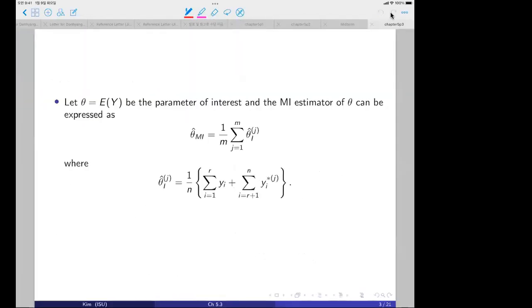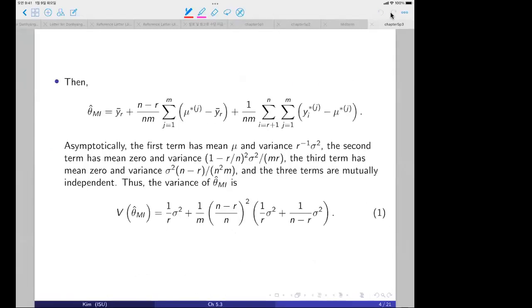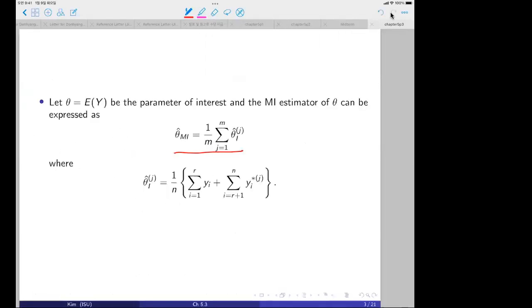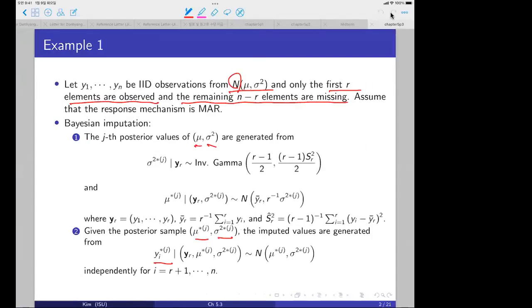Okay, and then the MI point estimator of the mean is just this one, and let's take a look at what's going on. We have two things going on. This is a posterior step, so you generate the parameter, and then given the parameter, you generate imputation.